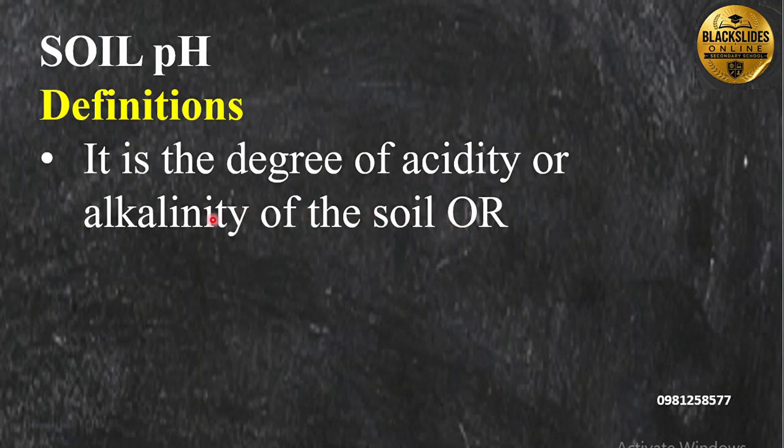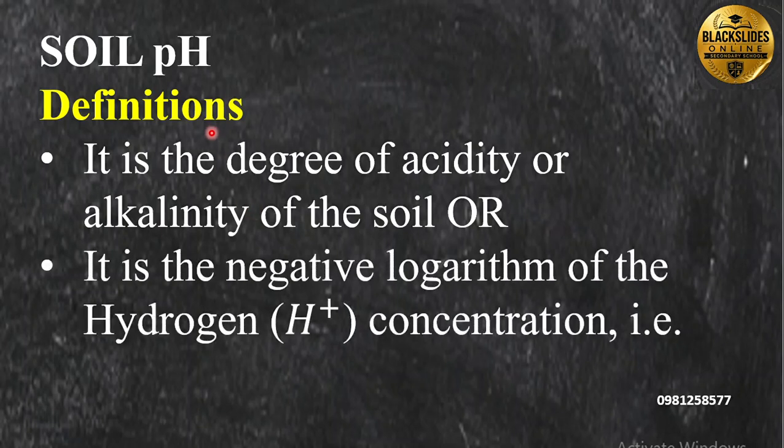If we are to get deeper into chemistry, we shall define pH as the negative logarithm of the hydrogen concentration. So if you take the concentration of hydrogen ions and then take the logarithm of that and negate it, this logarithm is the mathematical logarithm.